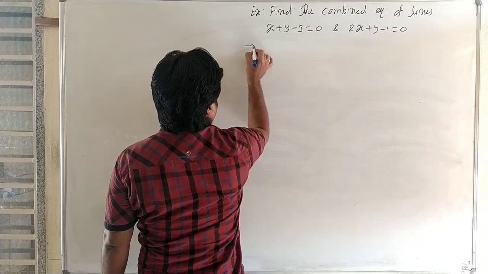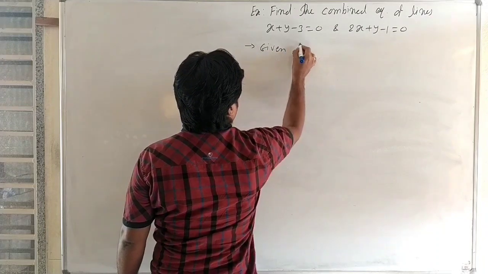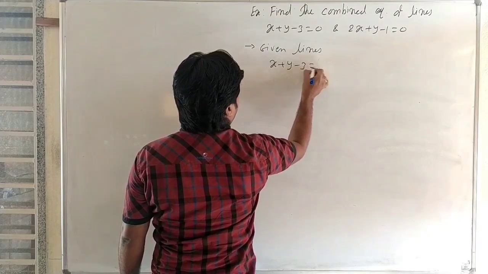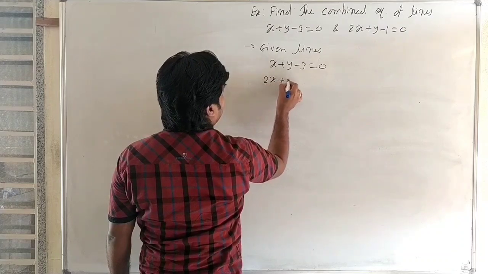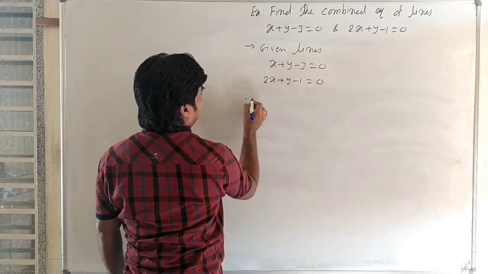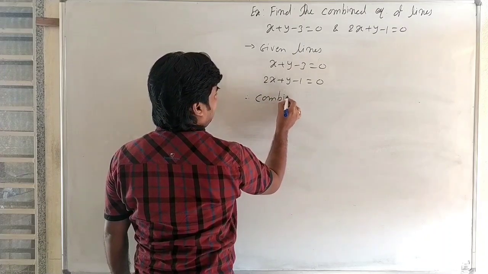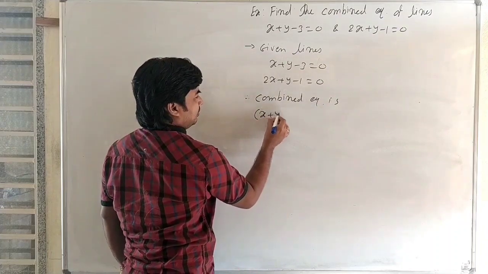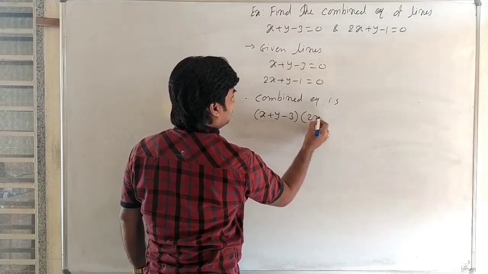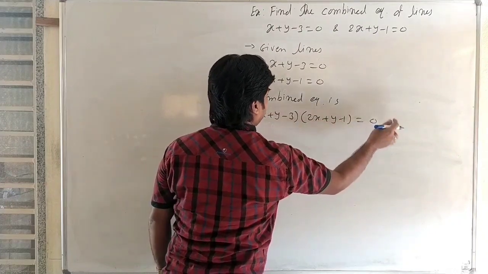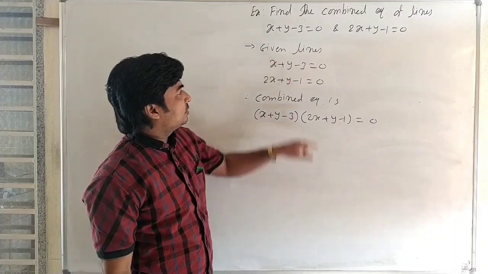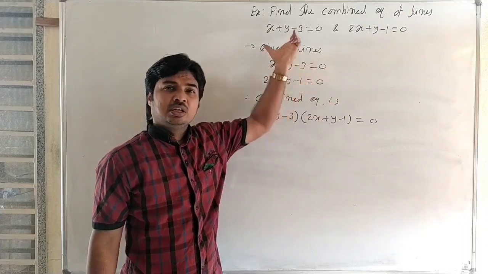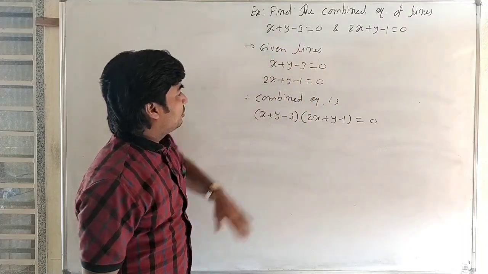Therefore, given lines x plus y minus 3 equal to 0 and 2x plus y minus 1 equal to 0, the combined equation is x plus y minus 3 into 2x plus y minus 1 equal to 0. It is a combined equation of any two lines. If these lines are passing through origin, then the constant becomes 0, that is x plus y equal to 0 and 2x plus y equal to 0 are the lines passing through origin, but these are the equations of any two lines.